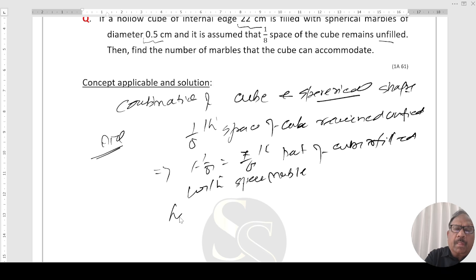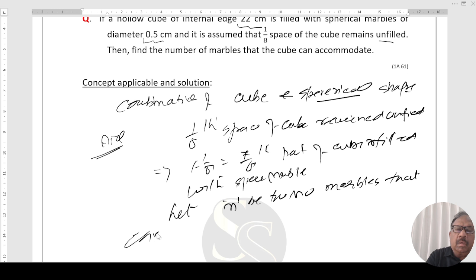Let n be the number of marbles that can be accommodated in the cube.